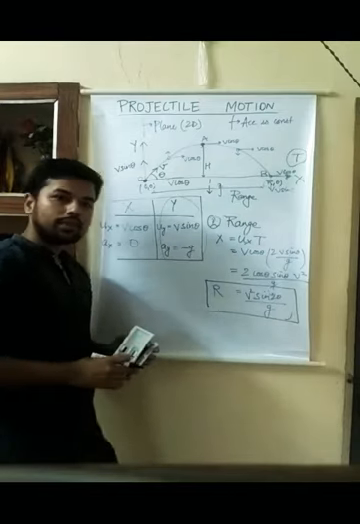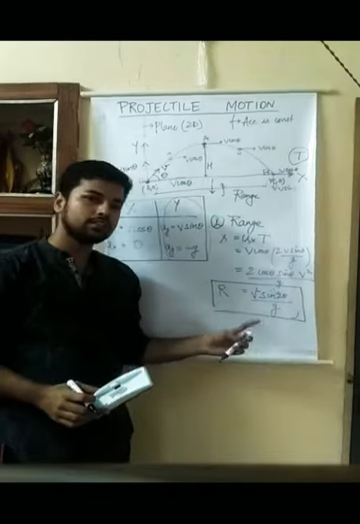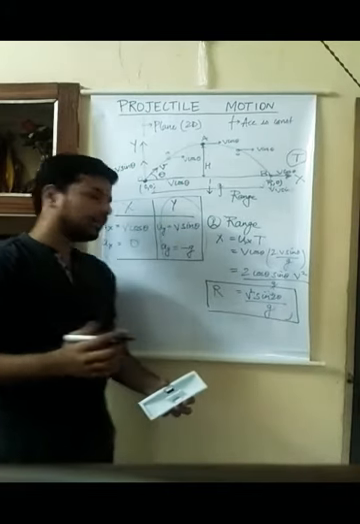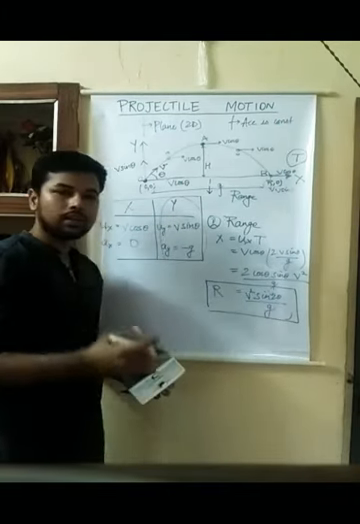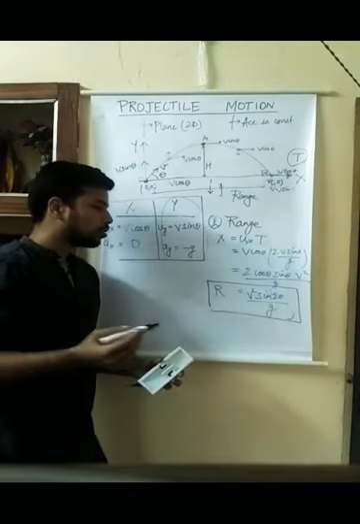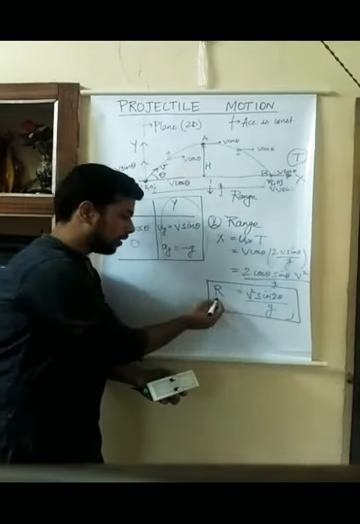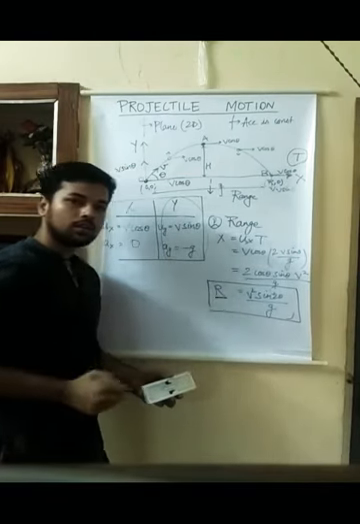Looking at this, we can obtain some interesting results. When you look at range and you are given an initial velocity, say I am throwing a ball with 10 meters per second, at what angle theta should I throw so that my range is maximum?